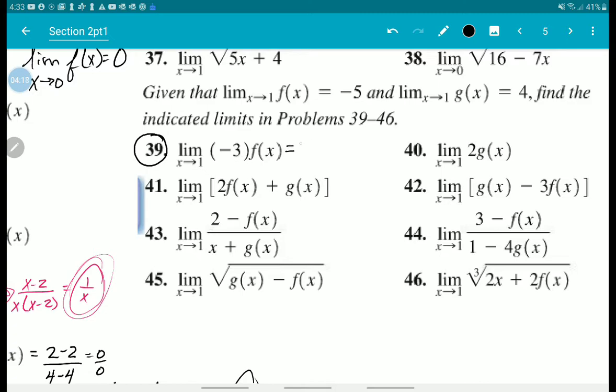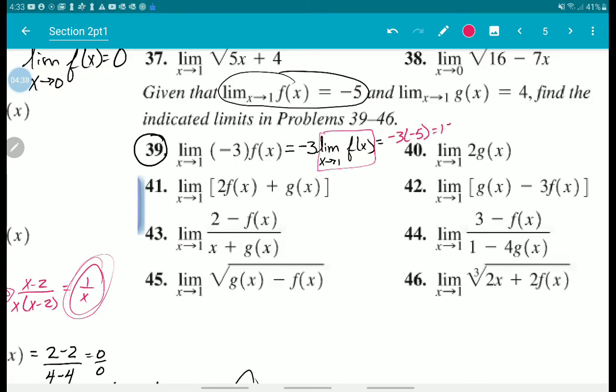That's the same thing as saying negative 3 times the limit as x approaches 1 of f of x. And we know what that limit is. They've told us it is equal to negative 5. So this whole piece here is equal to negative 5. So we're going to have negative 3 times negative 5, which is a positive 15. So there's our final answer.